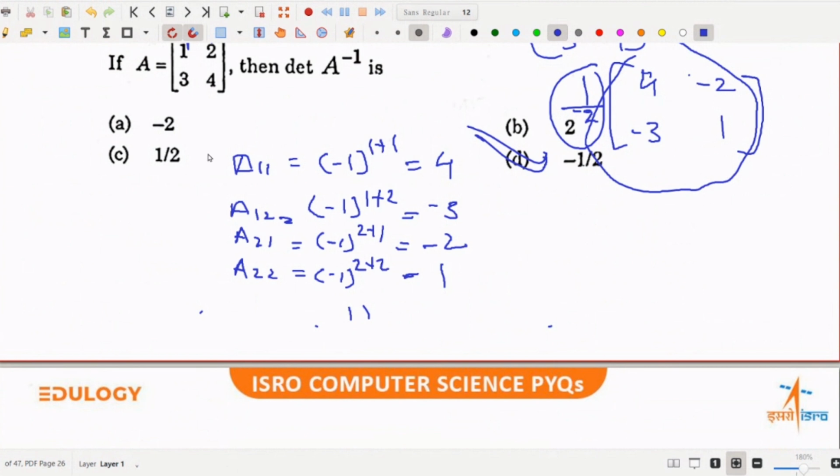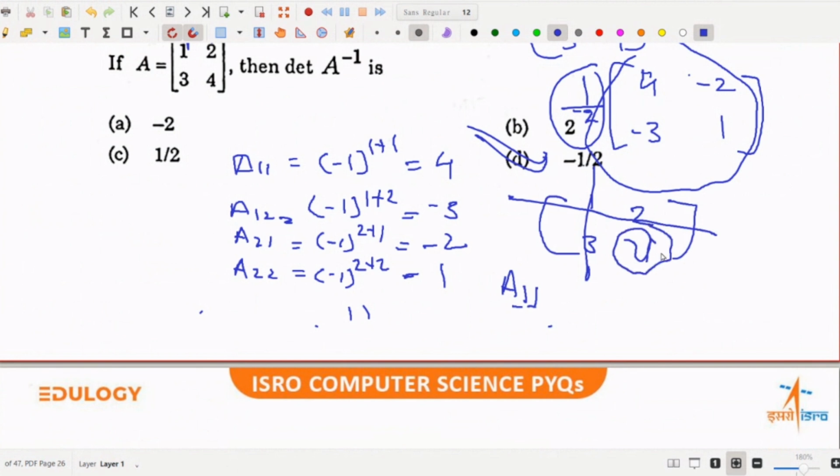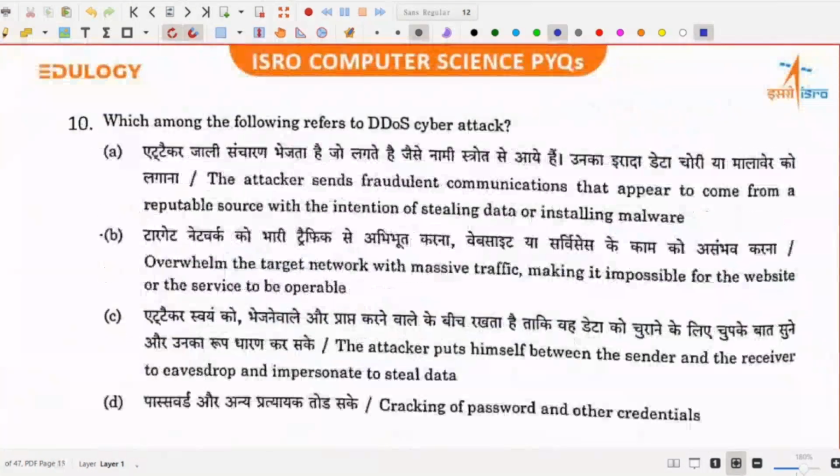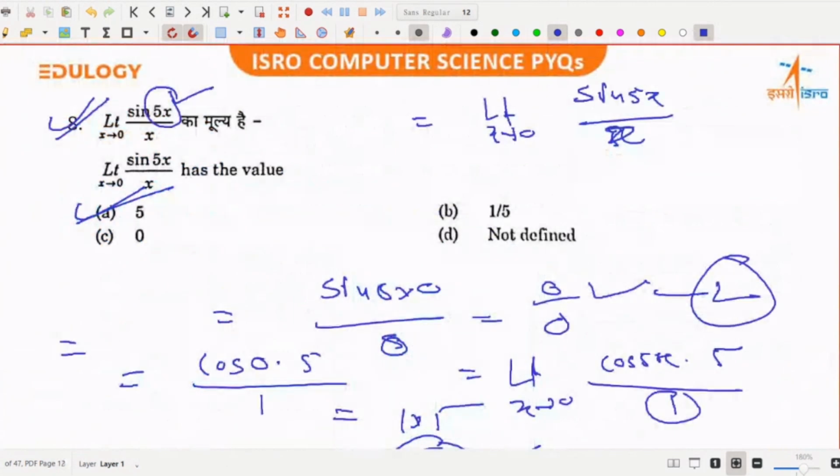Sure. See, 1, 3, 2, 4. If we are calculating A11, first row, first column, this one you need to hide, this one you need to hide. Just write the remaining element.